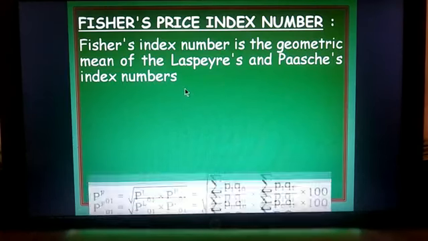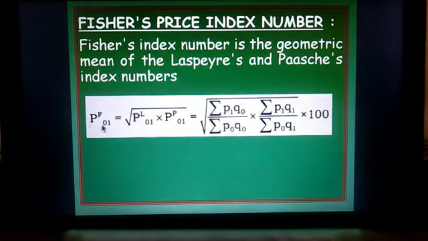How to write it using notation? P01F indicates it is the price index number based on Fisher's. Geometric mean of Laspeyres' and Paasche's, it seems. We know already whenever two variables are there, for example A and B are the values, how do we calculate the geometric mean of those A and B values?